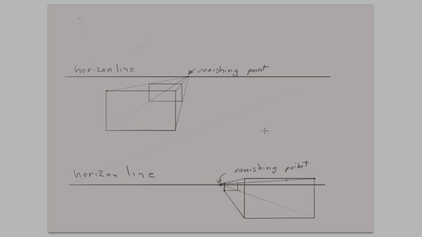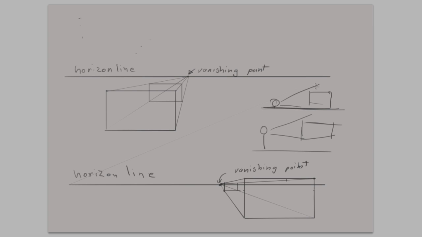This technically represents when a viewer, let's say this is the ground, is watching the object from below, or even lying on the ground, and you have something like this.